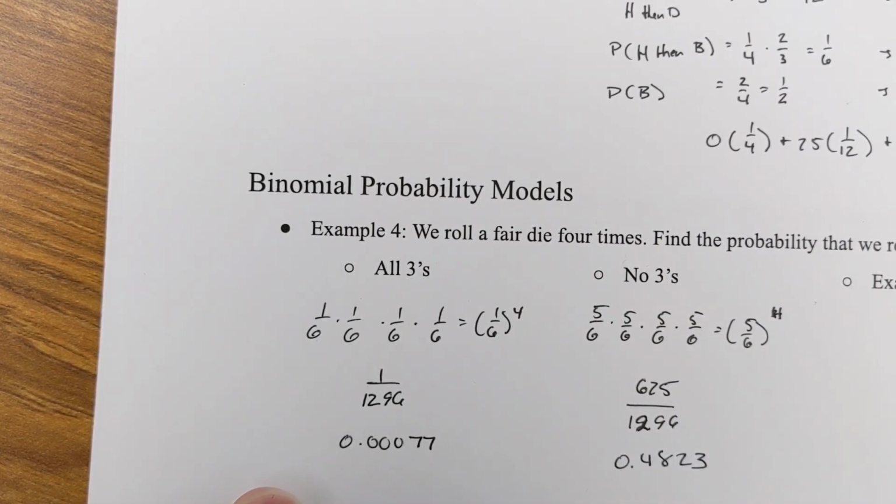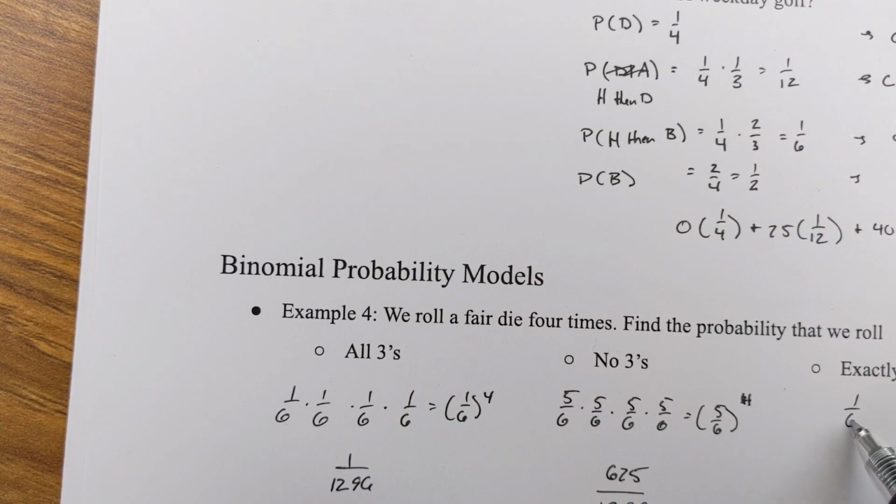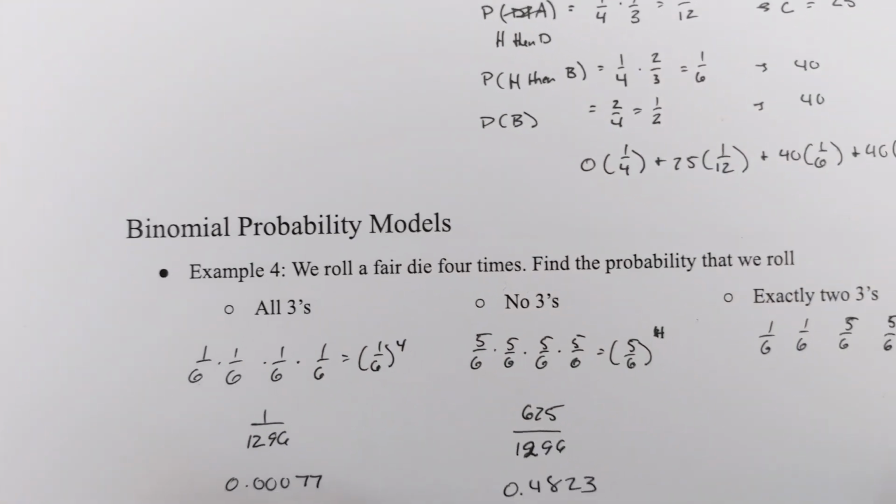All right, and the last one, exactly 2 3s. Okay. So 2 3s would be 1/6, 1/6, 5/6, 5/6.